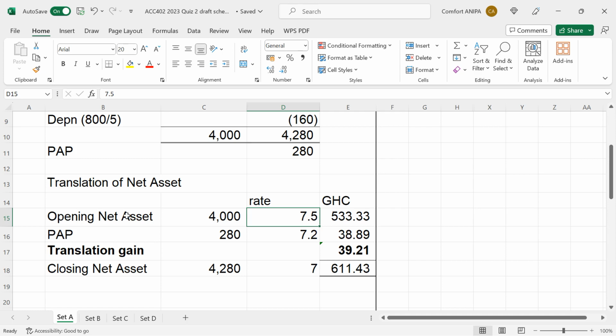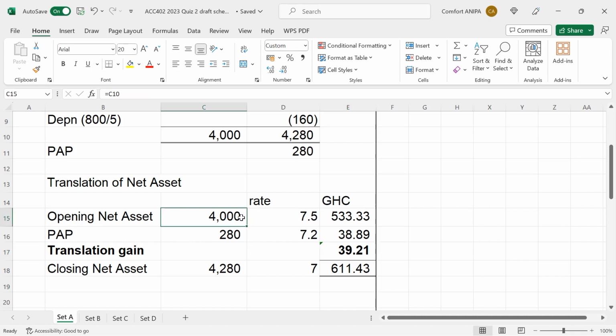The exchange rate to apply: opening net asset at the opening rate, closing net asset at the closing rate, and the post-acquisition profit, which is a profit or loss item, at the average rate. If you apply them, your exchange or translation gain is 39.21.